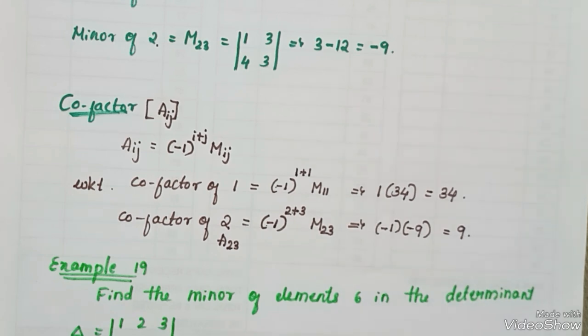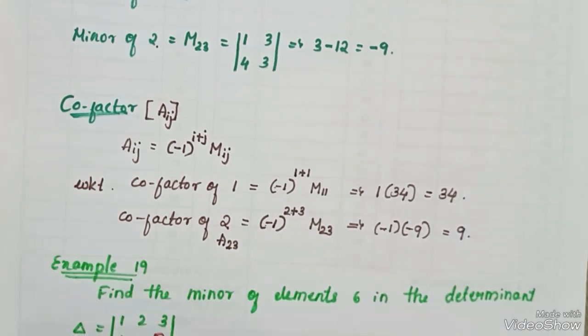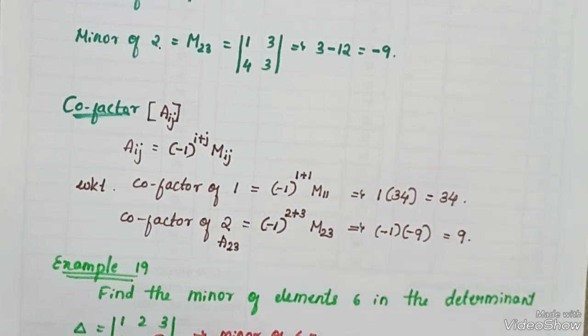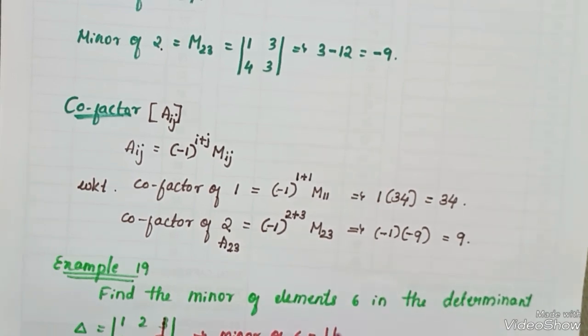The element 6 is present in the second row, third column, so we neglect that row and column. The remaining elements are 1, 2, 7, 8.